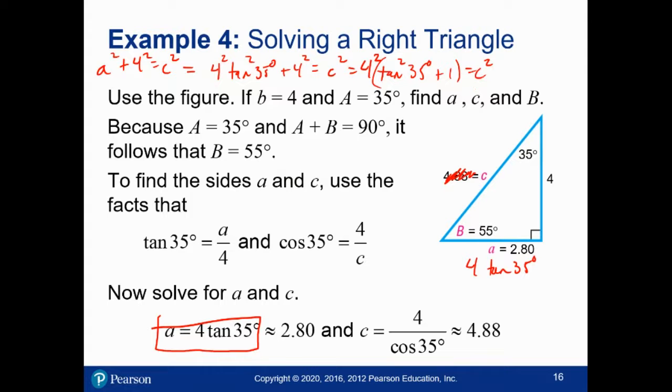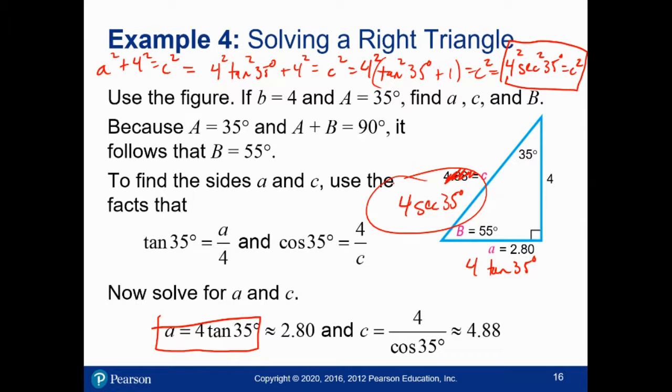Hey, tan squared plus 1, that's equal to secant squared. So 4 squared secant squared of 35 degrees equals c squared. And if I take a square root, we get that c is 4 times the secant of 35 degrees, plus or minus, but since we're dealing with lengths of a triangle, it's definitely the positive one. So we could have also done the Pythagorean theorem to get this missing side length.